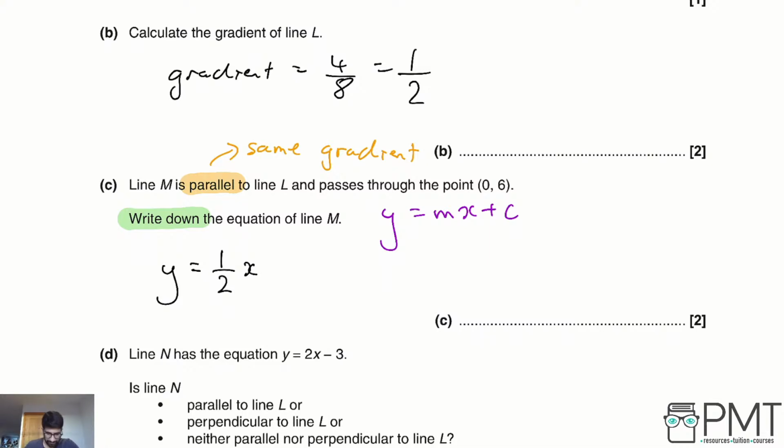You always need the x, plus we want the y-intercept. But if you look at this, that is your y-intercept, because the y-intercept is when x is 0.